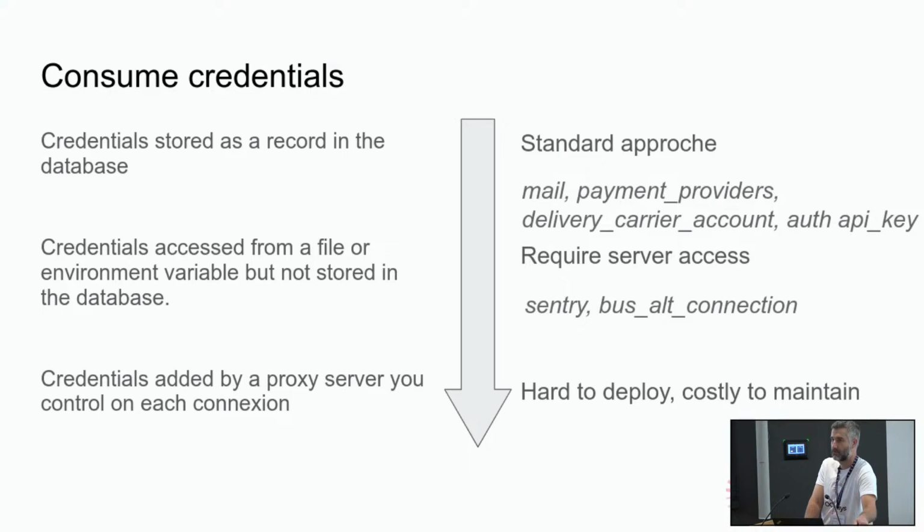But usually you don't see this kind of system in the wild because it's really complex to implement. I've put on this slide some modules, and if you have seen, for instance, Sentry or Vault connections, you see they don't use the database, but you've got credentials already. So the most common one is on this side, and we'll talk more about this one.